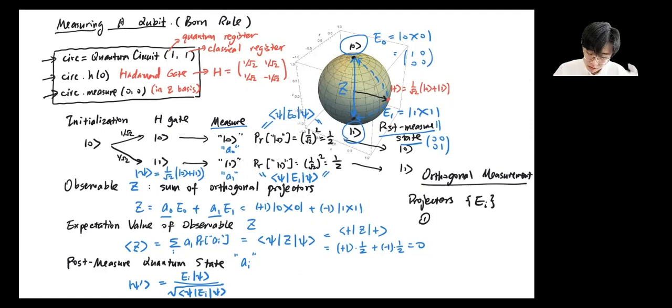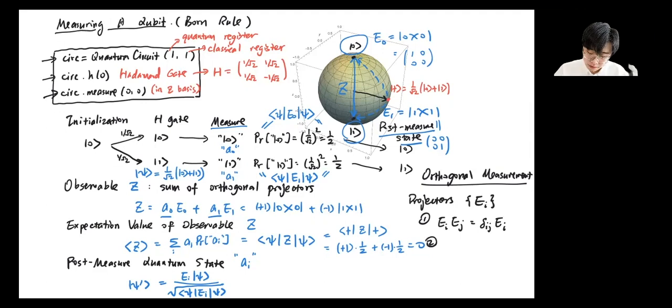First, it's orthogonal, so E_i times E_j is delta_ij E_i, which means that E_i squared is E_i itself, and E_i times E_j is 0 if i and j are different.